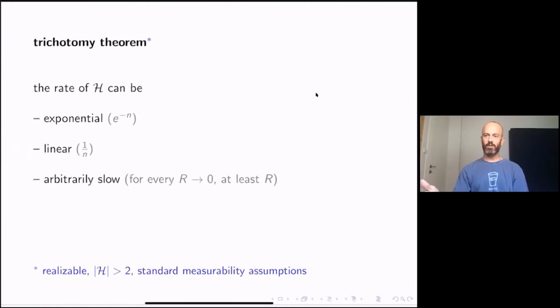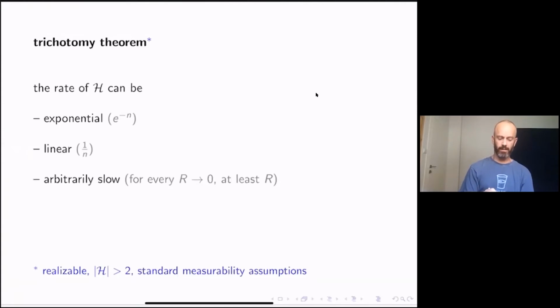The next option is linear. It goes to 0 like exactly 1 over n. And the next option is that it goes to 0 as slow as you wish, slower than every rate that tends to 0. So this is the theorem.